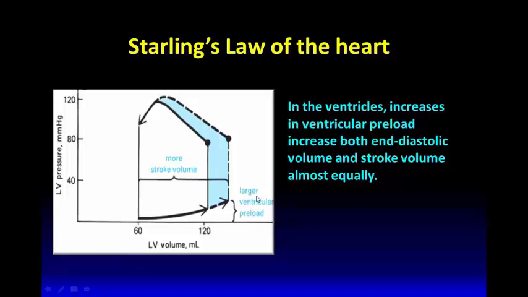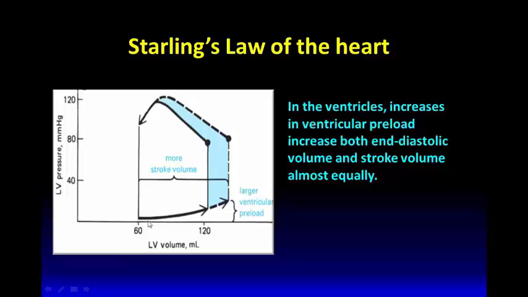So on the x-axis, we have left ventricular volume in milliliters of blood, and on the y-axis, we have left ventricular pressure in millimeters of mercury. This is the end systolic volume, and at this point, the mitral valve opens and left ventricular diastole begins.